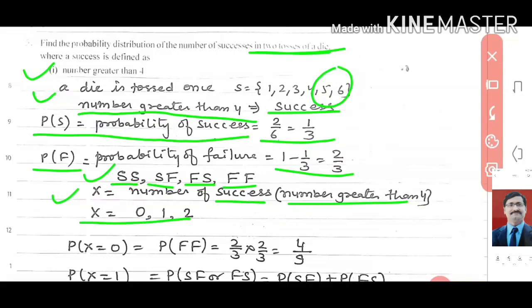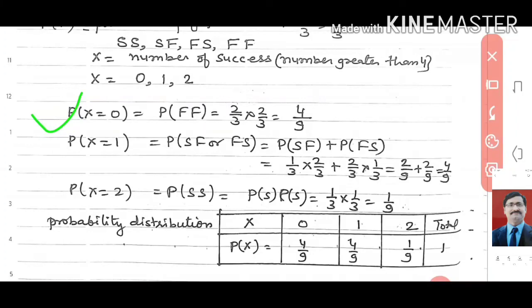Now look here, P(X = 0) is the probability that both times we get failure, so 2 by 3 into 2 by 3, that is 4 by 9. P(X = 1) means one time it is success, so we have two cases, success failure or failure success. So we write P(SF) plus P(FS).